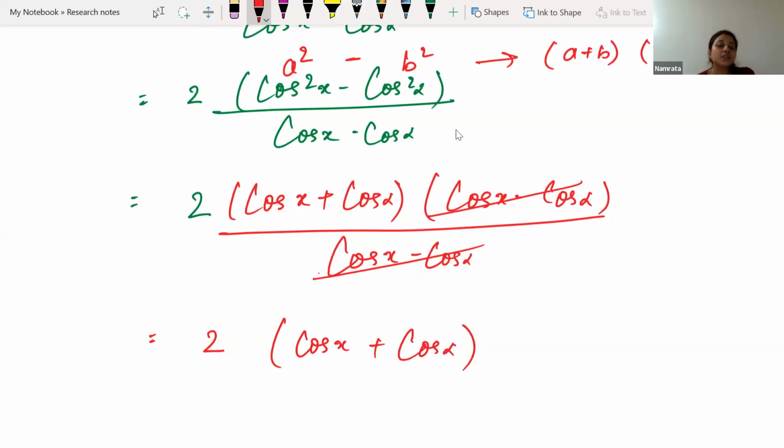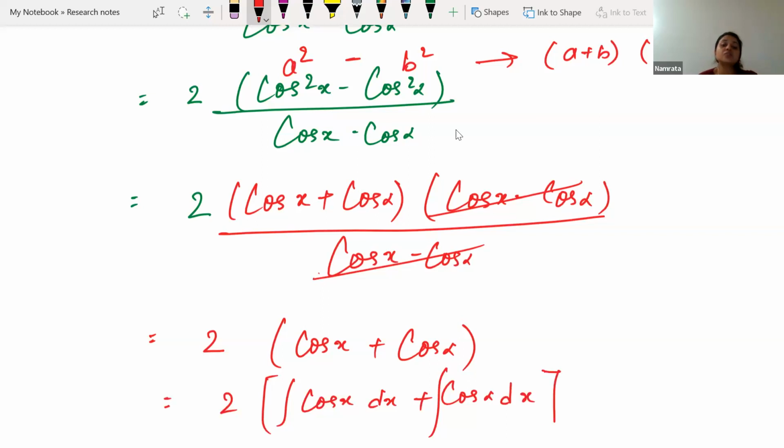Now we have to do the integration of this one. So 2 will be out, cos x dx plus cos alpha dx only. Please don't take d alpha over there, because obviously we have to integrate the given function with respect to x only.